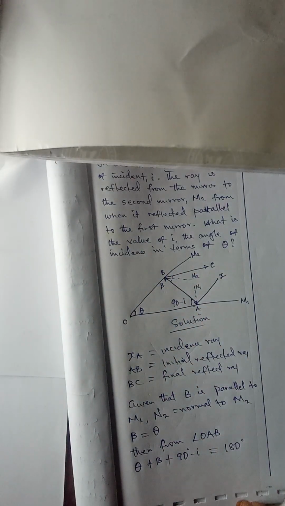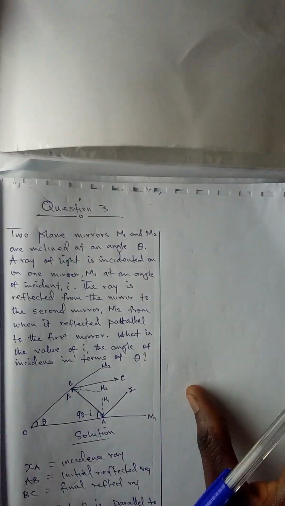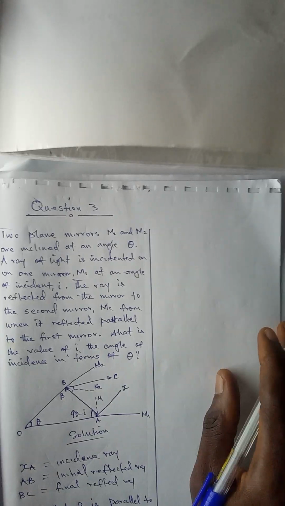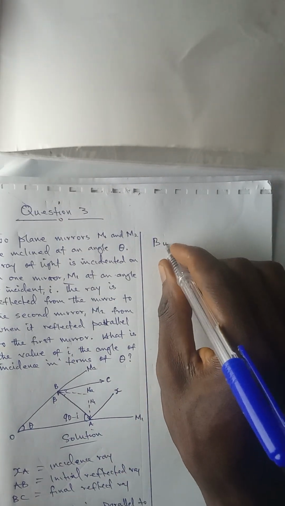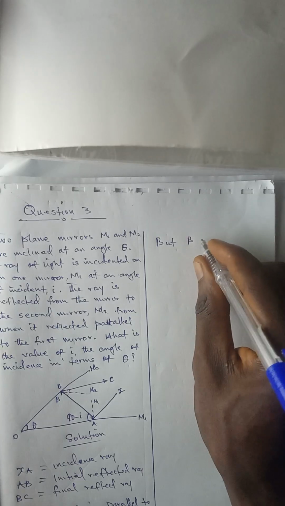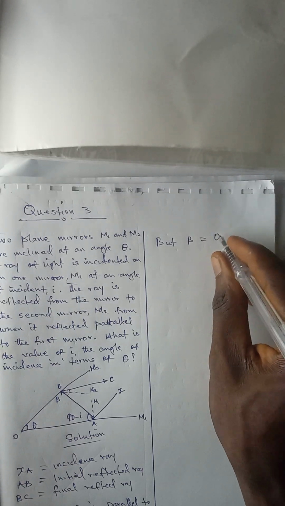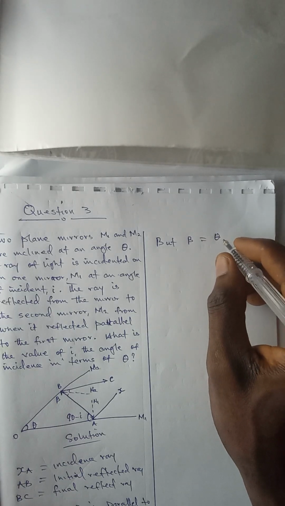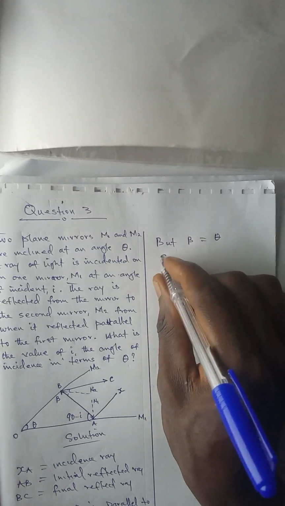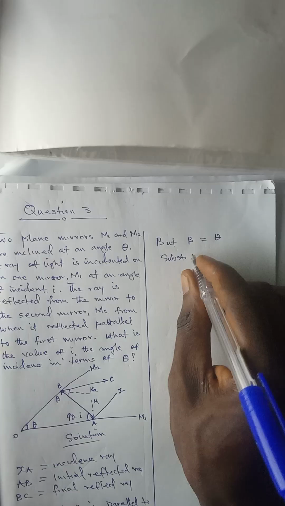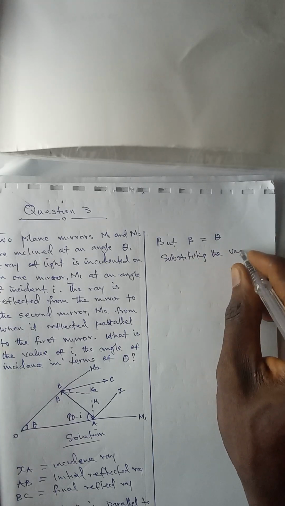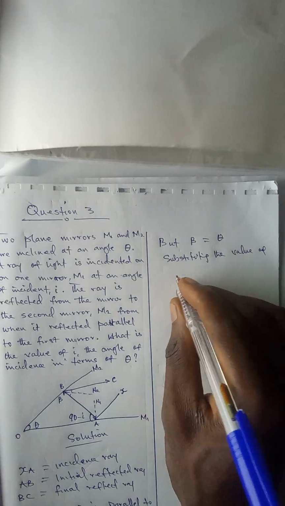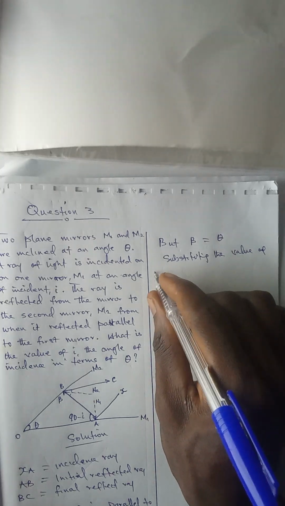Now, we can note that from this place, our beta is equal to theta. Of course, it is an angle, so beta is equal to theta. So we can now substitute the value of beta.